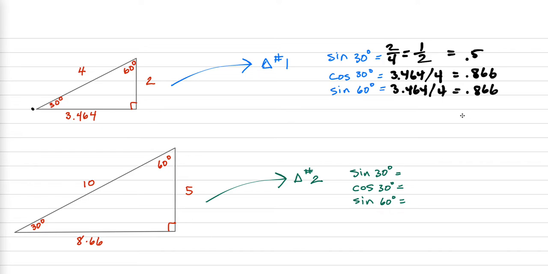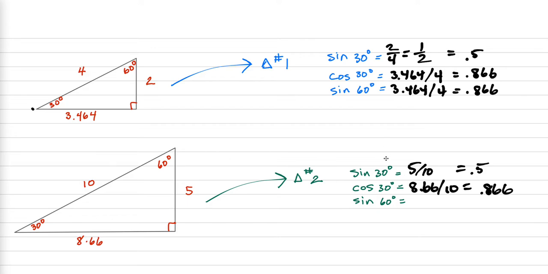Okay, I heard you roll a while ago. I got 2, 3. 5 over 10. Okay, so 1/2, or 0.5. Good. I got 4, 7. 8.66 over 10. Nice, which conveniently comes out to be 0.866.